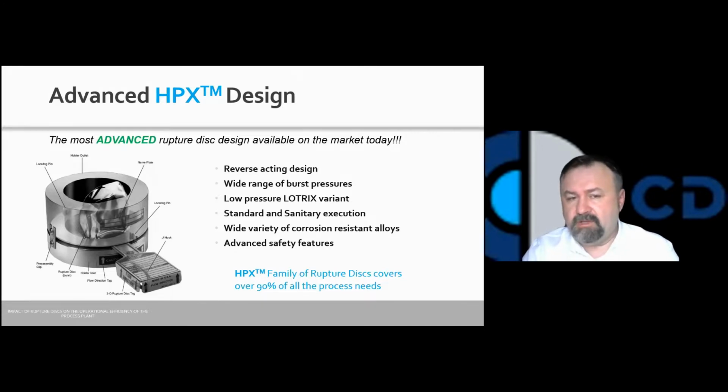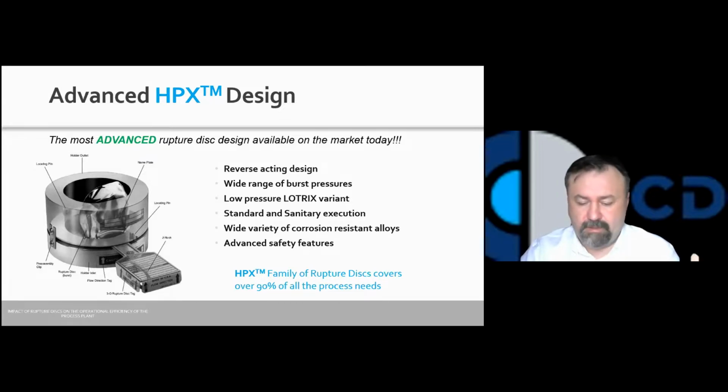Something we haven't really mentioned in this discussion is another important factor, the corrosion effect on the longevity of the rupture disc. That is typically mitigated through alloys, so what kind of materials we're using to resist this corrosion. And the great thing about the HPX platform is that it can come in a variety of corrosion-resistant alloys.